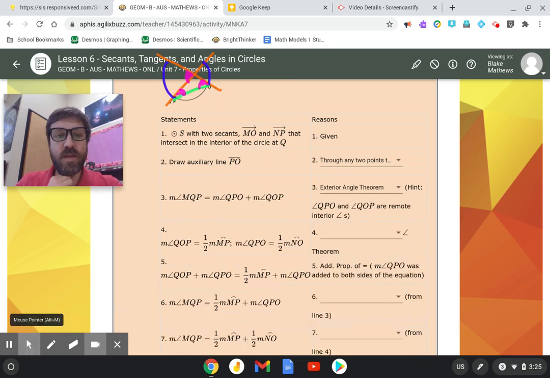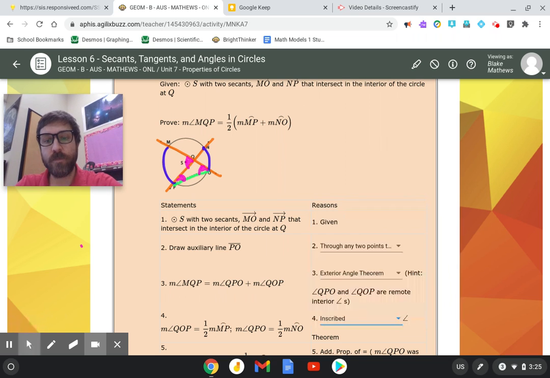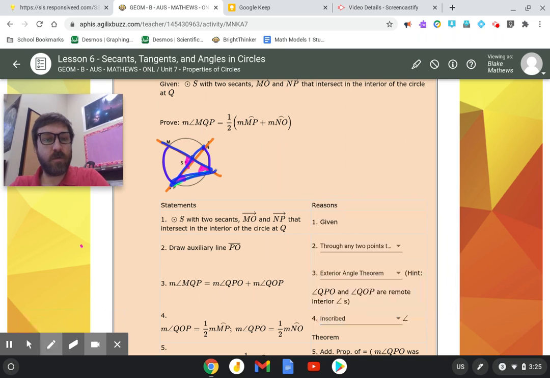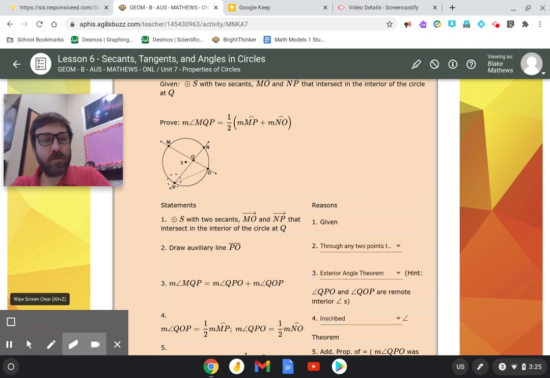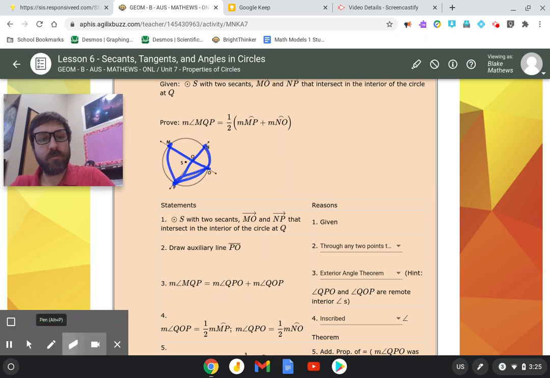Then it says QOP is 1/2 of MP, and QPO is 1/2 of NO. They're taking each of those smaller angles and applying the inscribed angle theorem, because they are both inscribed angles. So since this is an inscribed angle, it's half the arc, and this is an inscribed angle, so it's half the arc. And so they're finding the measure of those arcs.